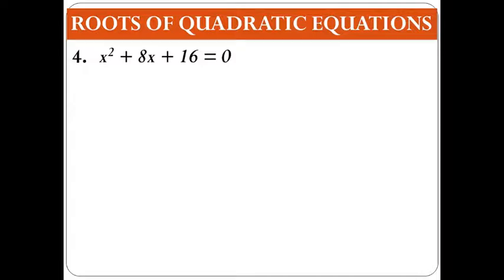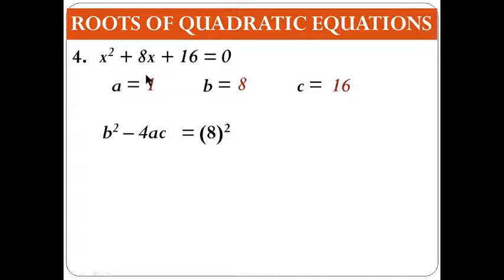Sunod is x squared plus 8x plus 16 is equal to 0. So, naka-standard form na yung ating given. So, we can now identify the values of A, B, and C. A is 1, B is 8, and C ay 16. So, discriminant, substitute again the given values.